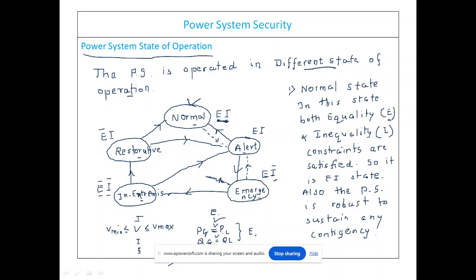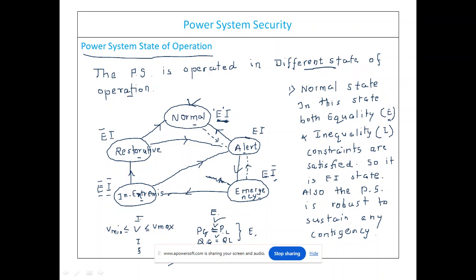Equality because it is equal. So if generation is as per the load, then we say that the E constraint, that is equality constraint, is satisfied.